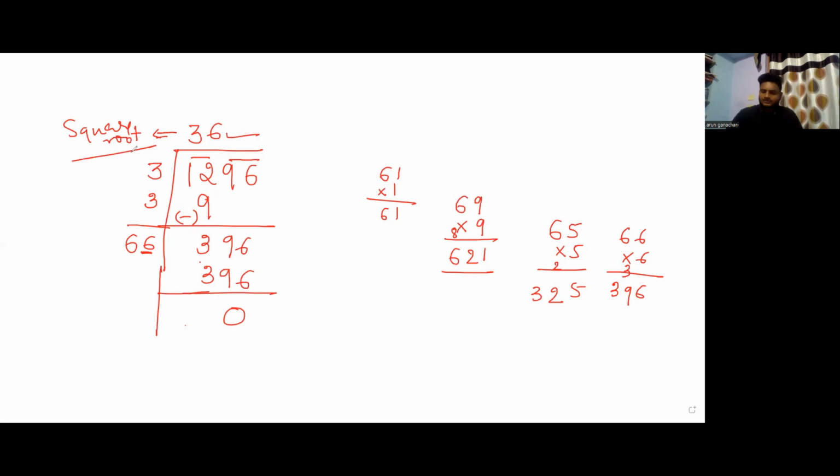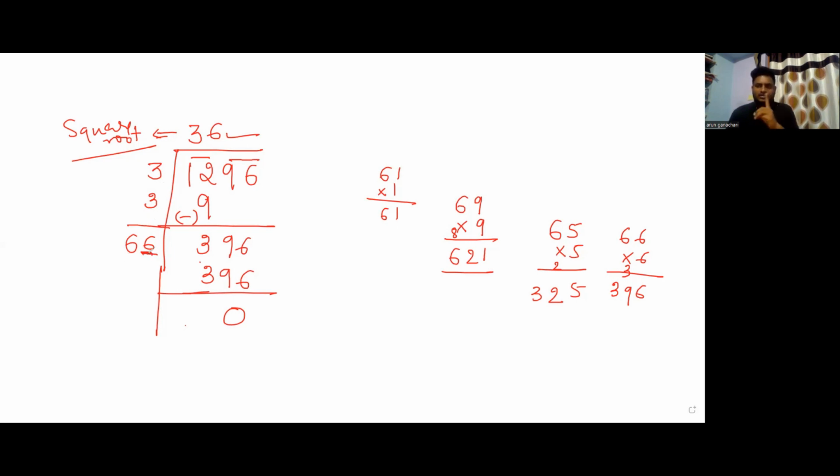Understood what we are doing here? I'll explain it again. We started with the number 1296. I started grouping from the right-hand side, so I grouped 96 as one group, 12 as one group. We are finding the square root, so I'll group two digits each. So 3 3s are 9. If I subtract 9 from 12, I'll get 3. Whatever number I am multiplying, I'll add the same number. So 3 plus 3 is 6. Now this place is vacant.